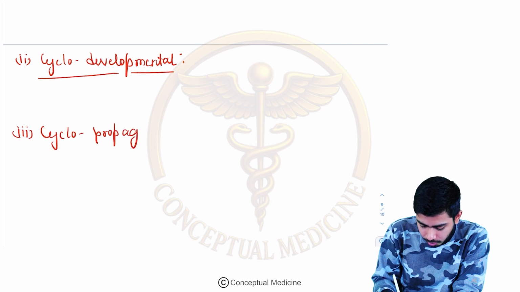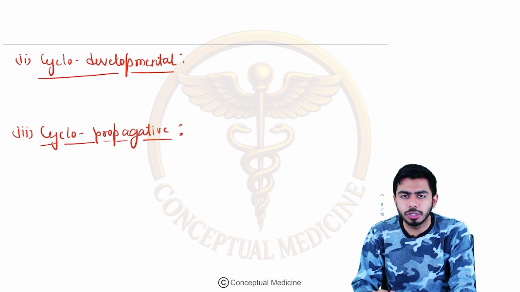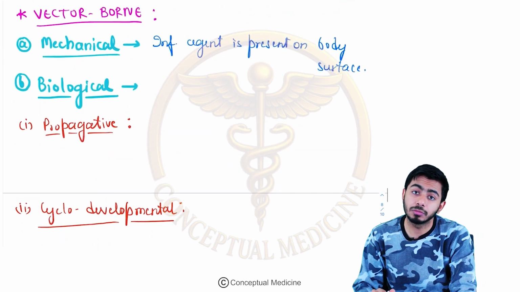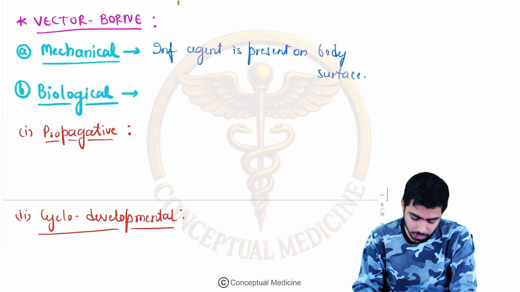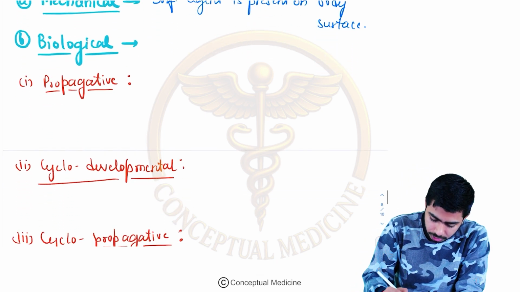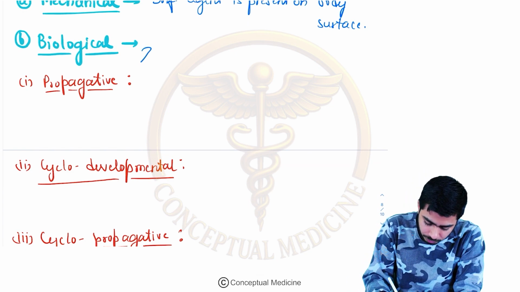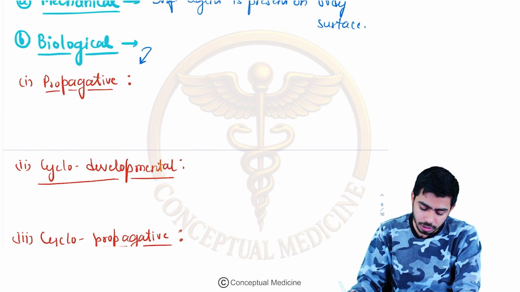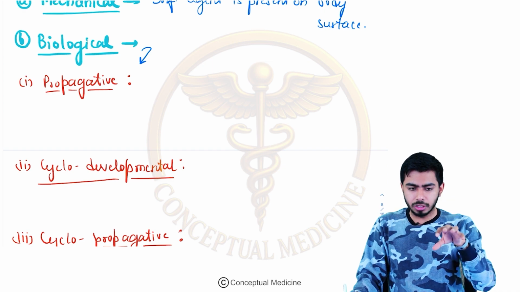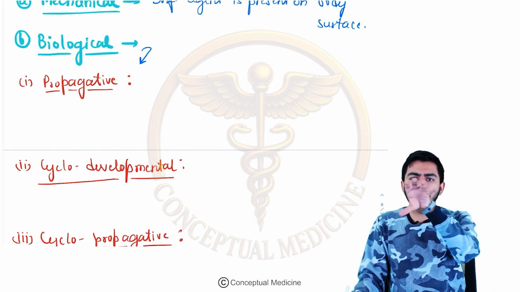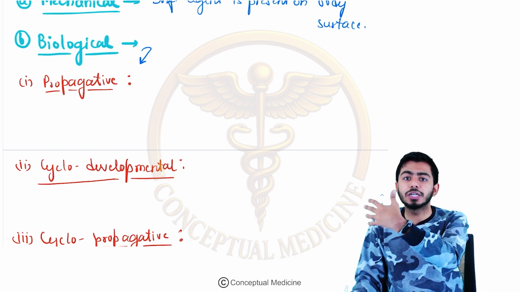Now let's talk about each one of them, right? These are the types which we might see in the biological methods of vector-borne diseases, the indirect mode of transmission, again I'm emphasizing that. In the propagative type, the infective agent goes inside the host and replicates its number.